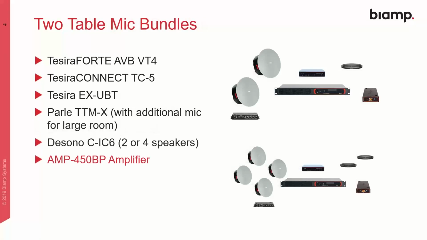And then we also have 2 bundles offering our Parley table microphones. So if the customer has a preference one way or the other, or the project calls for a table versus a ceiling mic, we have options in both directions. Obviously, there are some differences between those 2 choices. Table mic gives you mute control on the table in the room. The ceiling mic obviously cannot.